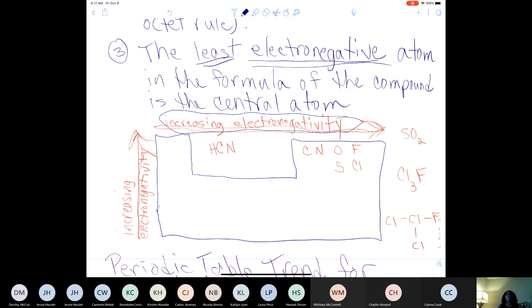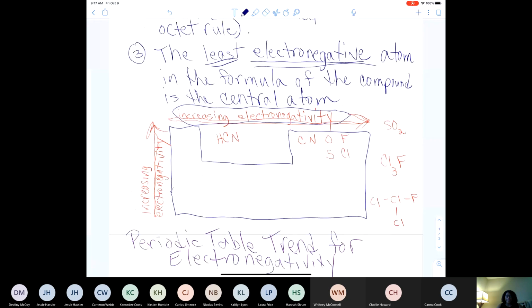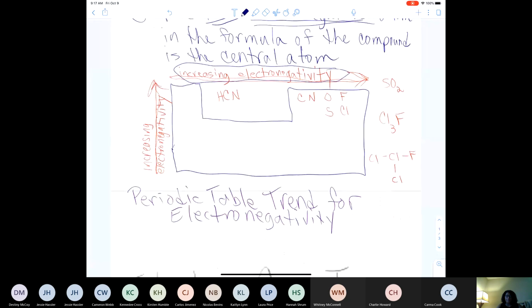Basically, which element loves electrons more is what the measure of electronegativity means. And there is a periodic table trend for this property.